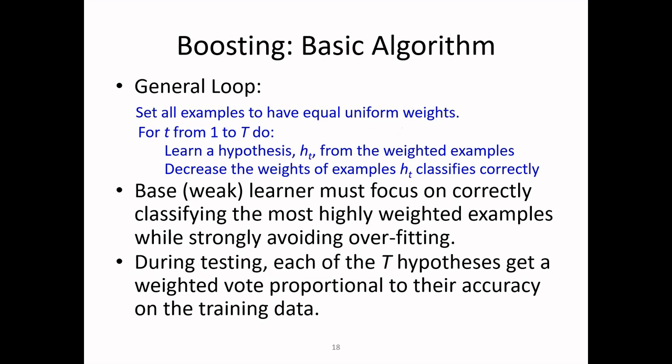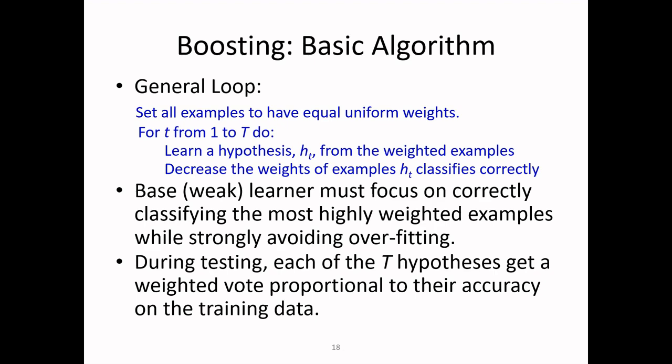And then for t from 1 to capital T, where capital T is the number of classifiers or learners that you're building, learn a hypothesis, that is, build a model h_t from the weighted examples. Decrease the weights of the examples that are correctly classified, or you can say leave their weights unchanged, and increase the weights of examples that are misclassified. Either way it works. All right.